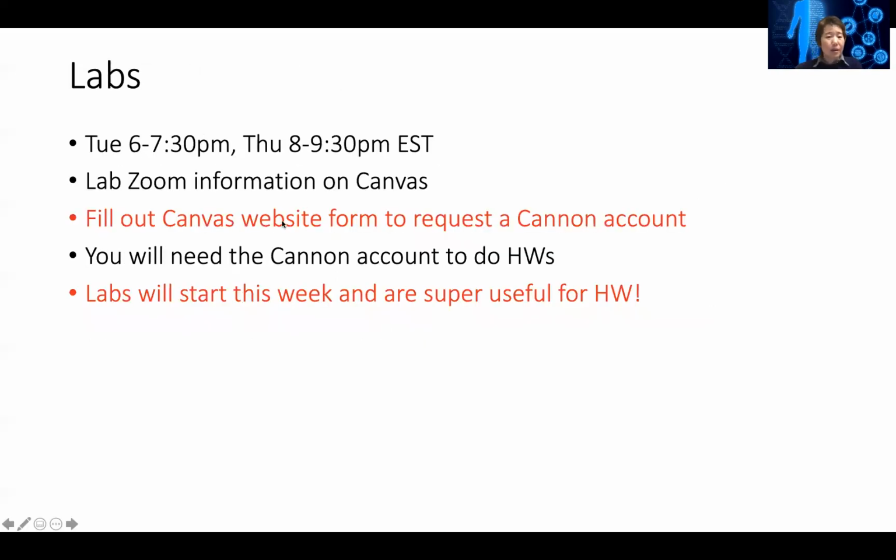For labs, we have regular labs where the TA will really show you, like command line, you can see the screen, or show you how to run something, how to do some specific type of coding on Tuesday at 6 p.m. and also Thursday at 8 p.m. These will also be recorded.